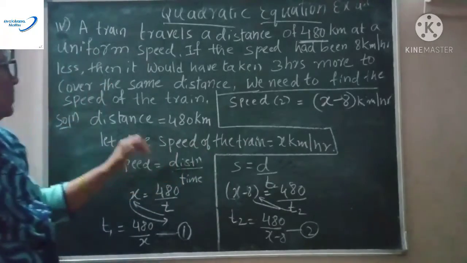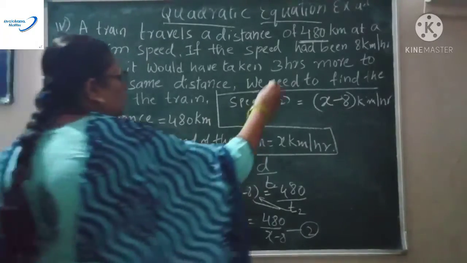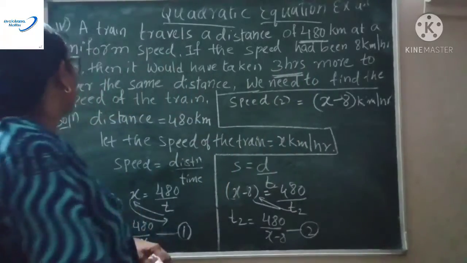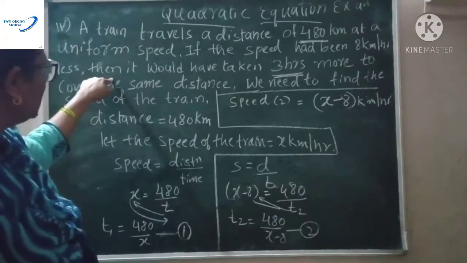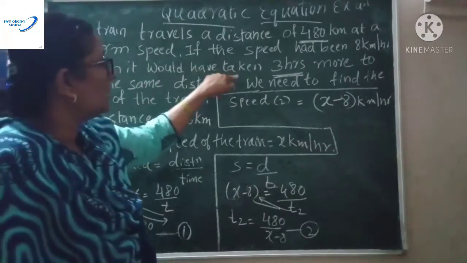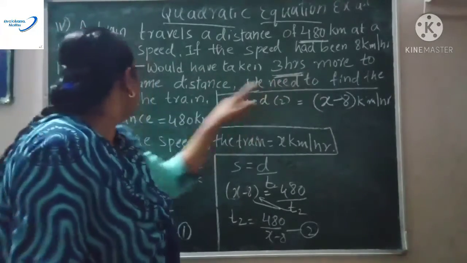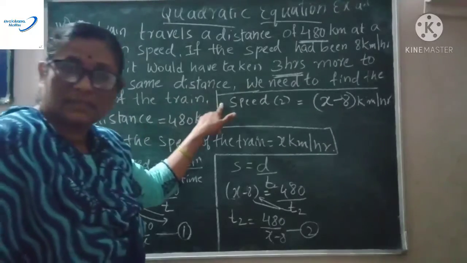Next, what more concept are you given? This 3 hours. What is 3 hours? If the speed had been 8 kilometer per hour less, then it would have taken 3 hours more to cover the same distance.